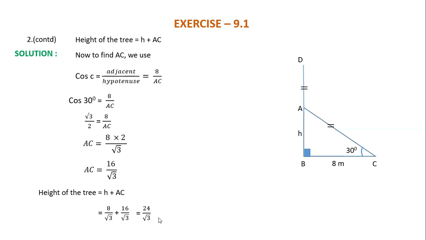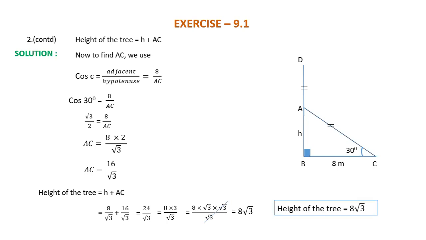You can write 24 as 8 into 3, and upon root 3, 3 can be written as root 3 into root 3. So one root 3 cancels and you get 8 root 3. 8 root 3 is the height of the tree.